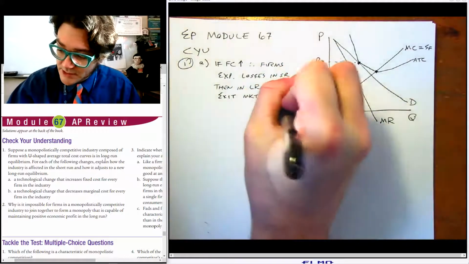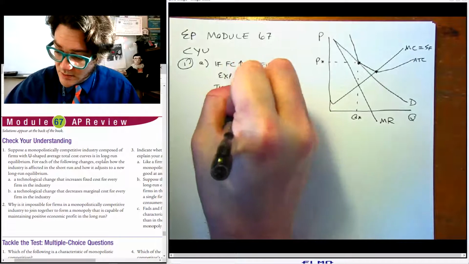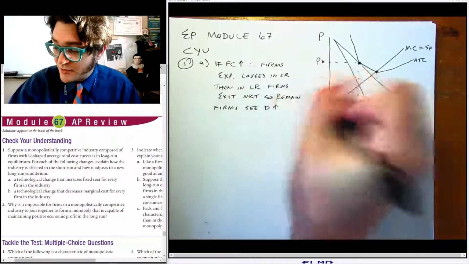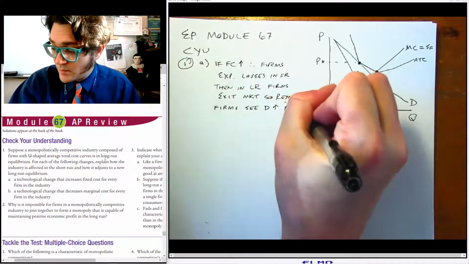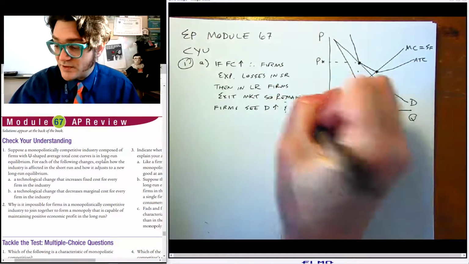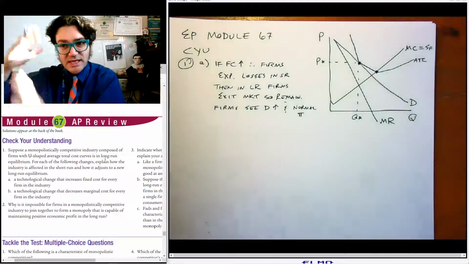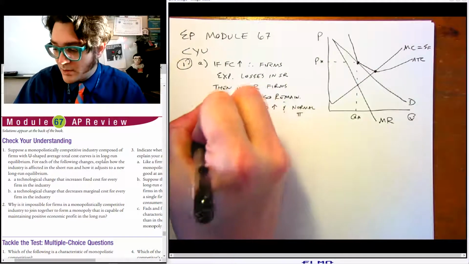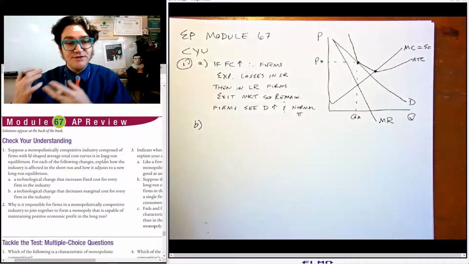So remaining firms see their demand increase until they get normal profit, right? That demand curve would move out to the right until it touches that new ATC again, and they all experience normal profit.